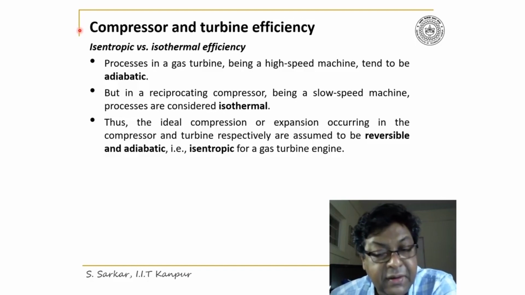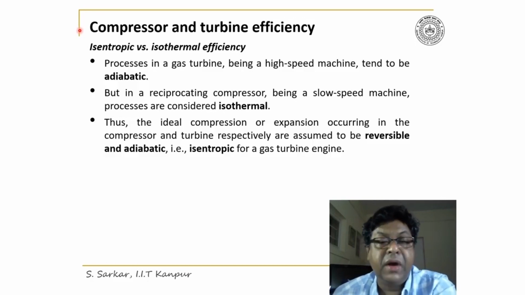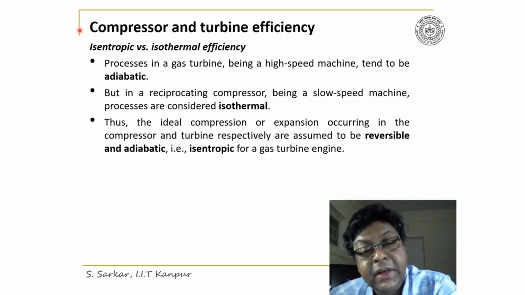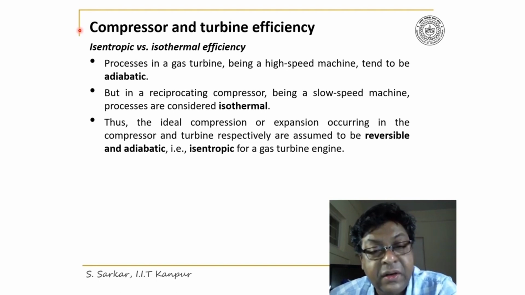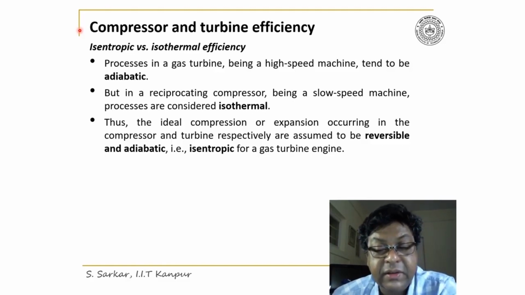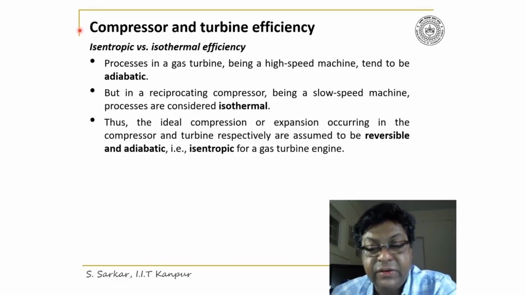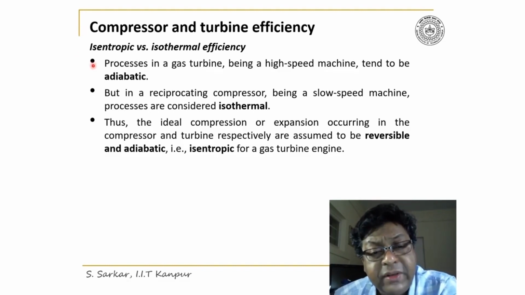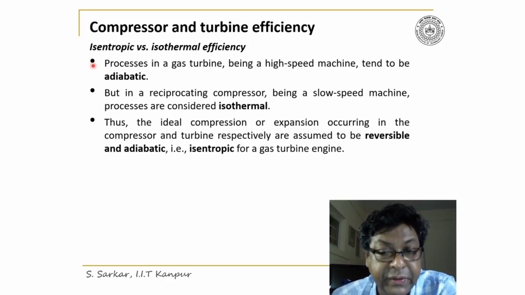Now let us consider the compressor and turbine efficiency. Here I would like to discuss isentropic versus isothermal efficiency. The question I would like to pose is, in case of a turbine or a compressor, should the efficiency be considered isothermal or isentropic? The processes occurring in a gas turbine, being a high-speed machine, tend to be adiabatic.